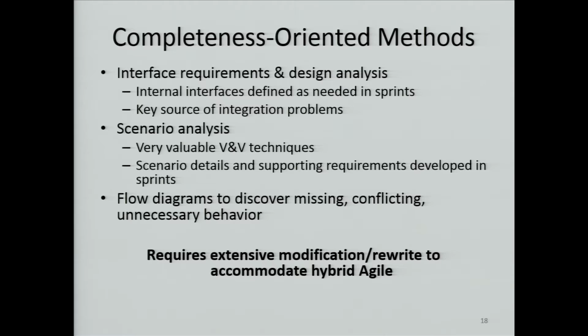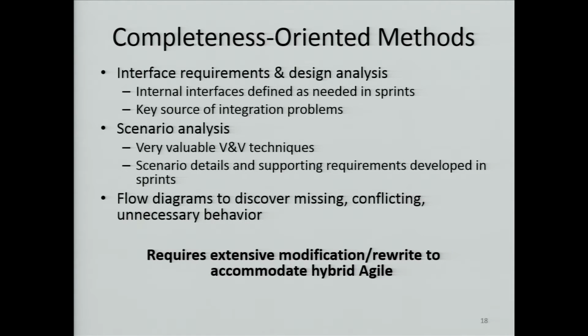The final set of things are completeness-oriented, and these deal with emergent properties. Rhonda mentioned this morning tracing fault management through a process. That's something that's often embedded in the whole system as it's developed, and it's fundamentally an end-to-end thing, not something that I can do in pieces as I go.